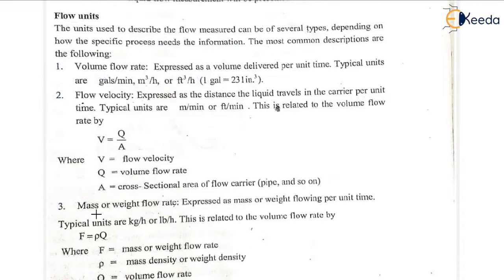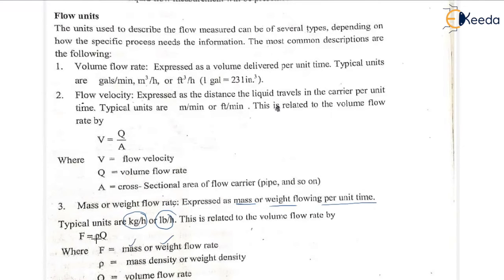The mass or weight flow rate is expressed as the mass or weight flow per unit time. Typically, the units are kg per hour, pounds per hour. This is related to the volume flow rate by F = rho × Q. What is F? F is the mass or weight flow rate.